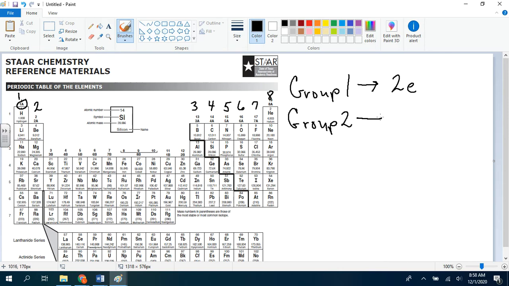Group 2, that's this group right here, okay? They need 4 to be happy, okay? They try to obtain 4 through bonding to be happy, all right? Not 8, 4. And then group 3, that's these guys right here. They are happy with 6.